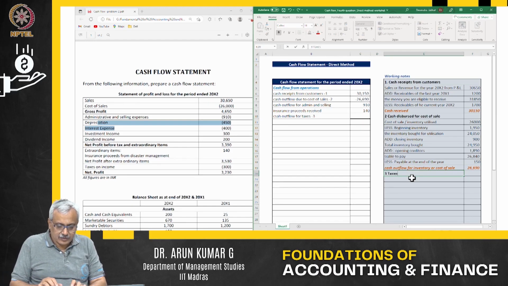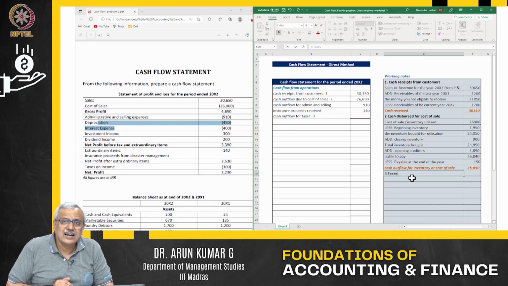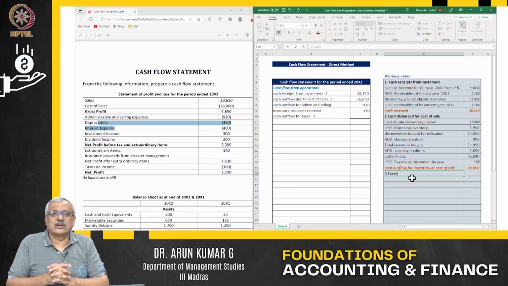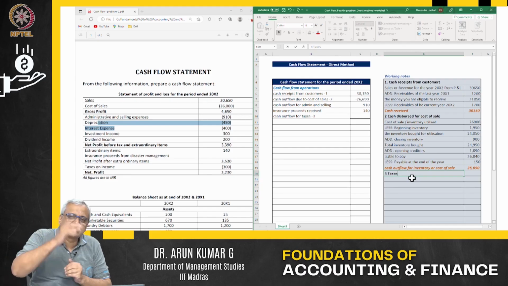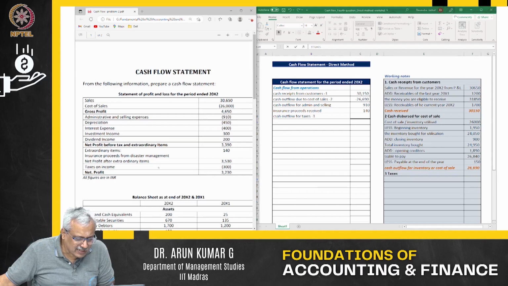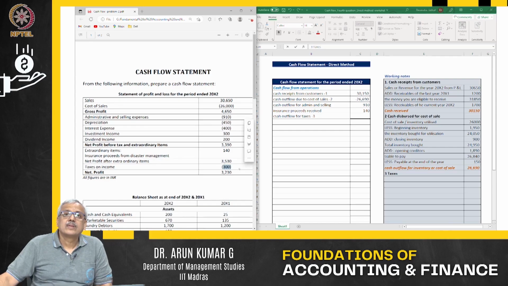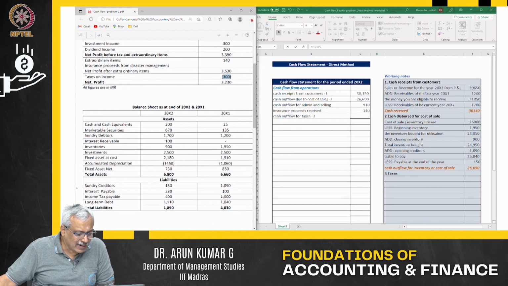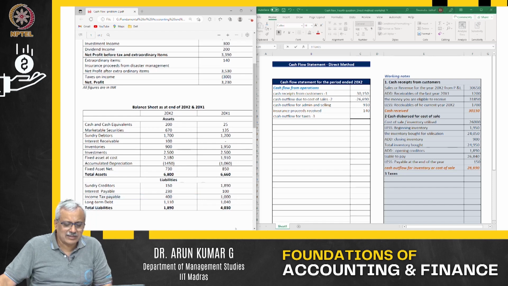Taxes. Sir, why is further calculation required? No, because if you see the P and L, what is the taxes on income? $300. But I go to the balance sheet, and it says income tax payable last year, income tax payable this year.